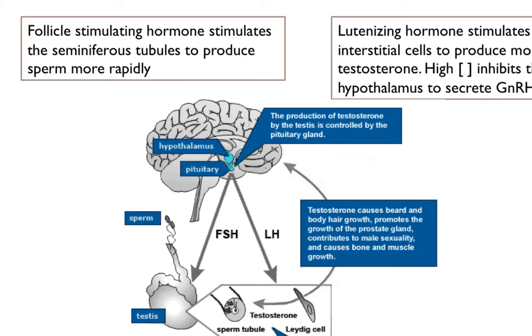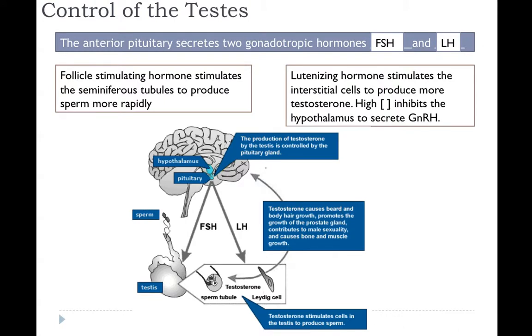Control of the testes happens really through some feedback systems, which involve the brain and the gonads themselves. A couple of key areas that are going to be important here are the hypothalamus and the pituitary gland.